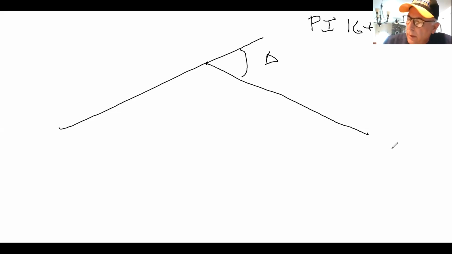If you notice the first equation there, it says A is to find the delta angle and divide it by 2, or the deflection angle. The deflection angle was given to us, and that's this angle right here, given as 21 degrees, and this angle right here was 43 degrees, 24 minutes, 20 seconds.